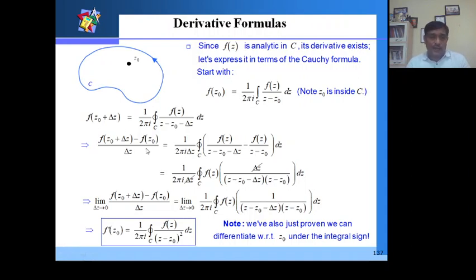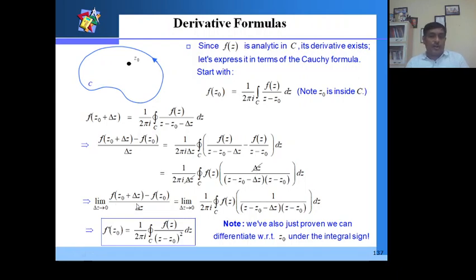This becomes f of z naught plus delta z minus f of z naught, divided by delta z, equal to 1 by 2 pi i into delta z, then the integration. Because this is also analytic, f of z is a common factor; take the LCM and rearrange. This becomes f of z, delta z will remain, then these two cancel each other.